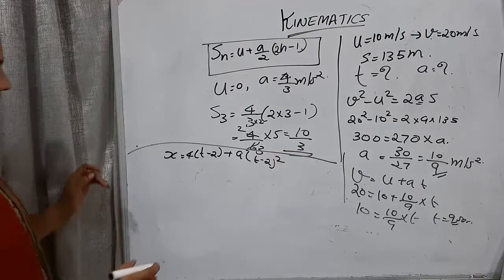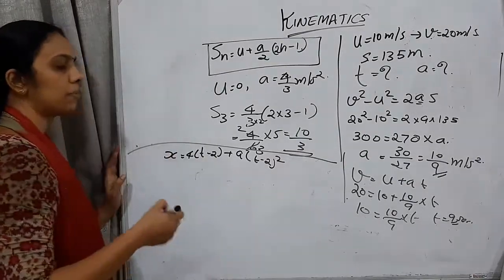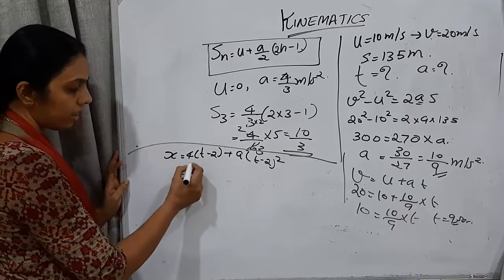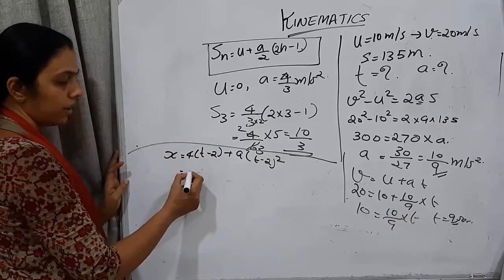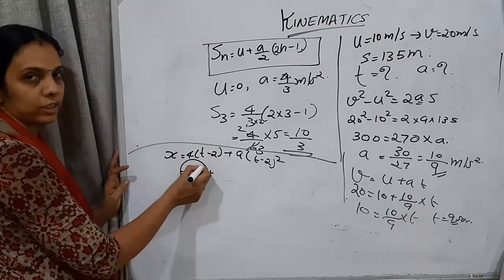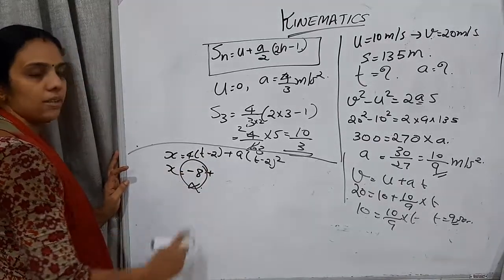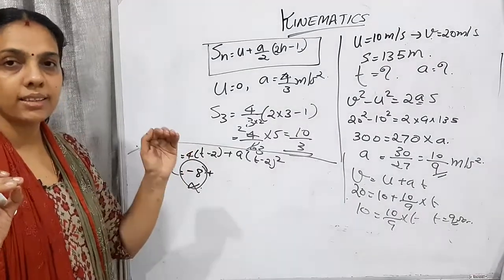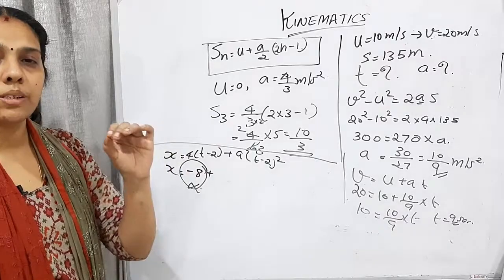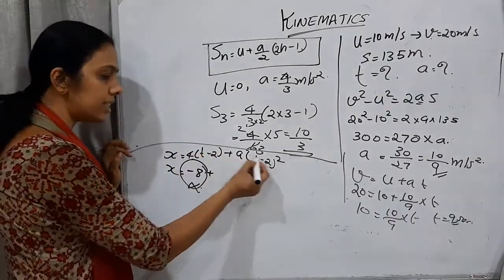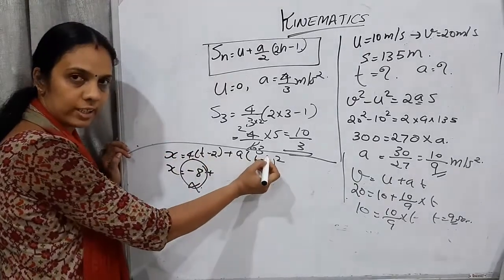So, the particle is at origin at t equals 0. When I consider that, I substitute t equals 0 in this equation.